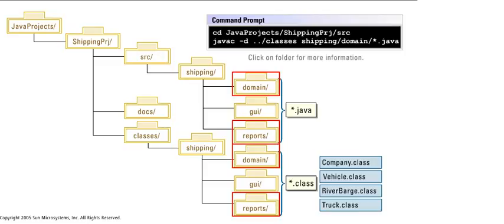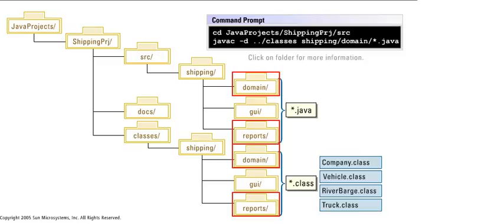In the classes directory, we want a shipping directory that has a domain, a GUI, and a reports. Again, this is required to match our package structure. Now notice it doesn't matter where the shipping directory is, so we can put it in any subdirectory, but here we've chosen classes, which is under shipping project, which is under Java Projects. Again, the subtree structure just has to match the package structure, but the subtree can be placed anywhere.